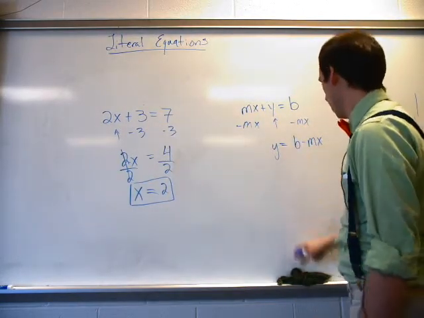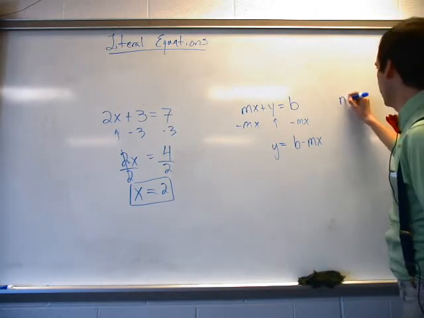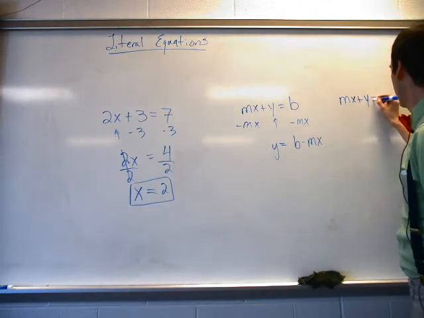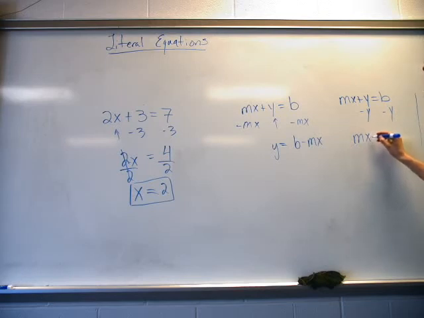Well, let's do it. I'm going to erase this. Oh no, I can just write next to it. Here we go. So we would subtract the y, and you'd use mx, y minus y is 0 equals b minus y, and then we would divide both sides by m.